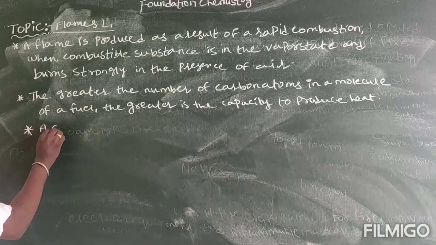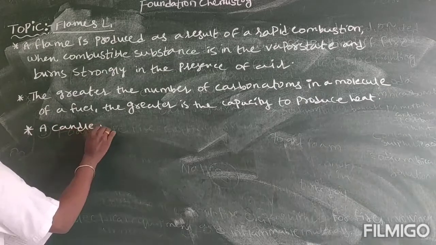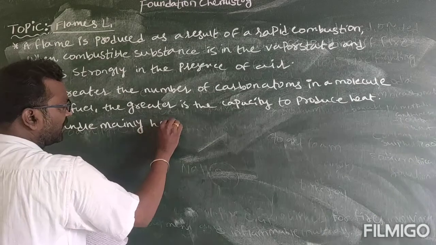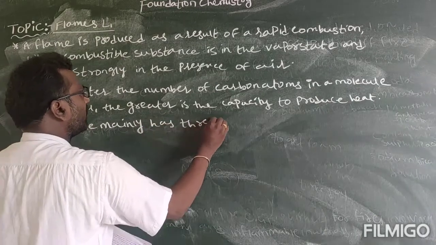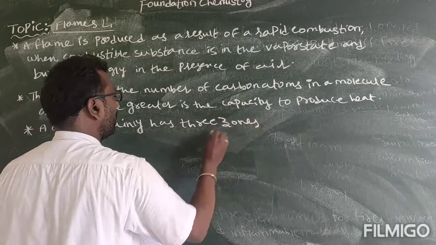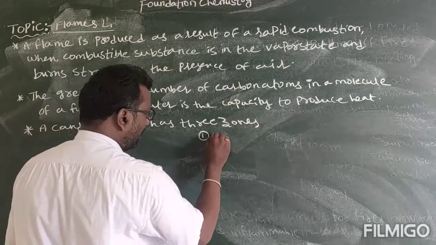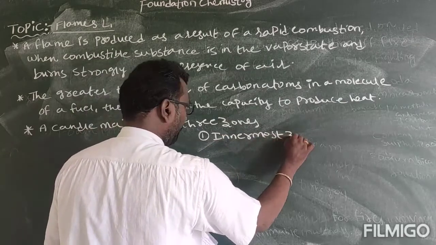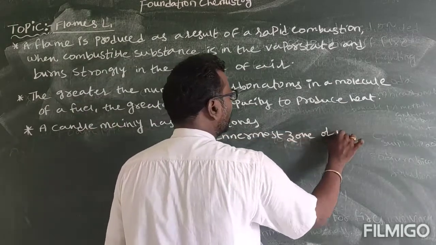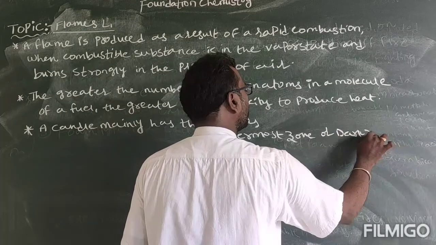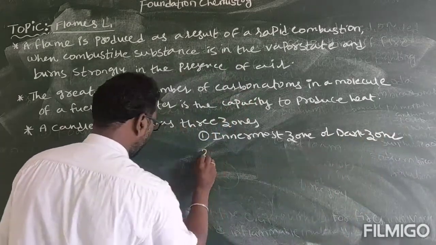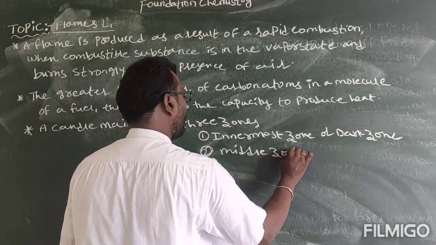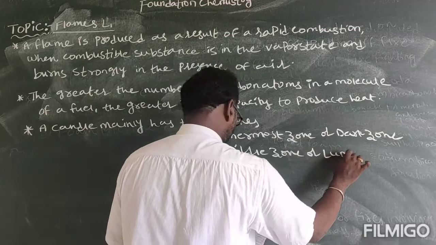A candle mainly has three zones. What are those? Innermost zone, which is also called the dark zone. Next, the middle zone, or luminous zone we call it.